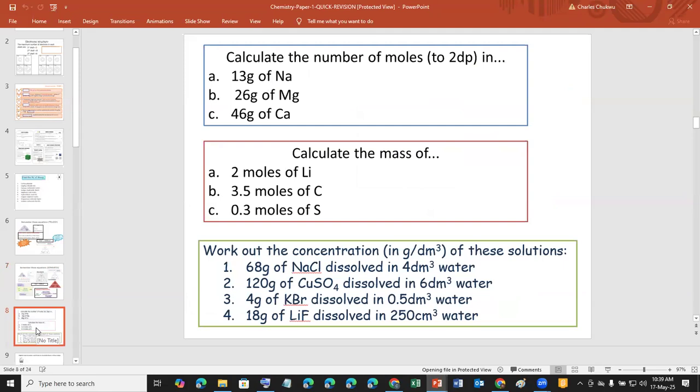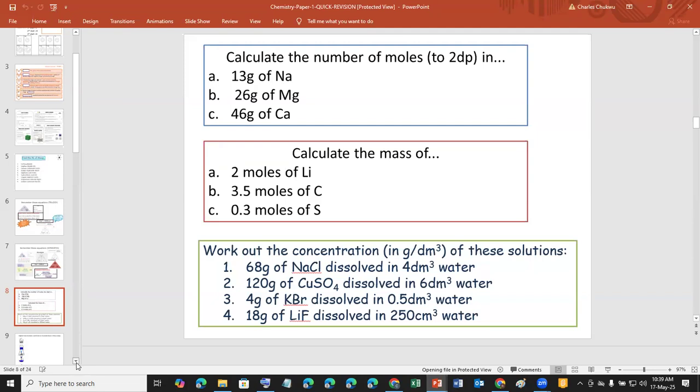Okay, we don't have some information here, like the relative atomic mass of sodium, magnesium, and calcium.